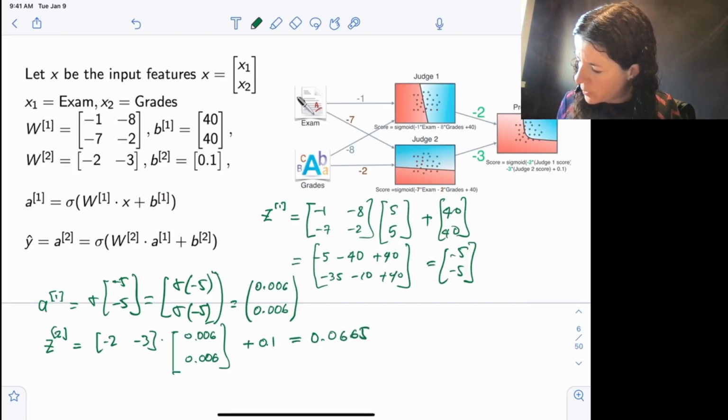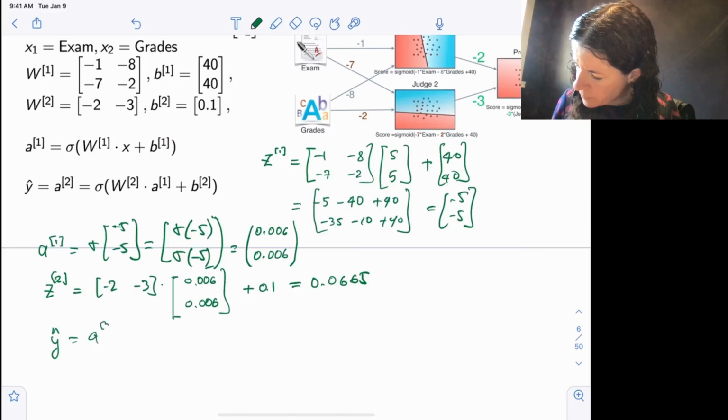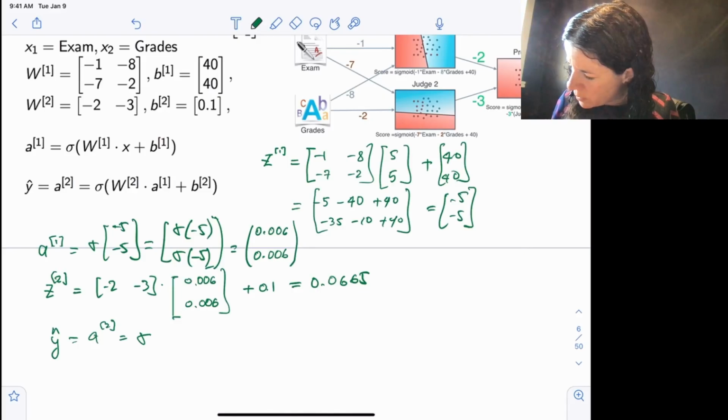Now, to get the final prediction, the final score, y hat is equal to A2, which is equal to sigmoid of this Z2, which is this number here, 0.0665.